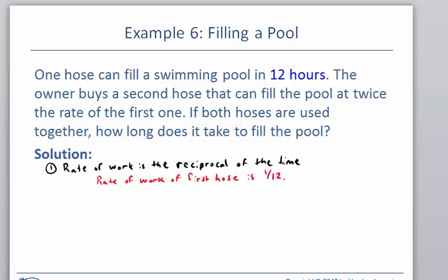We're also told that the owner buys a second hose that can fill the pool at twice the rate of the first one. So what is the rate of work for the second hose?